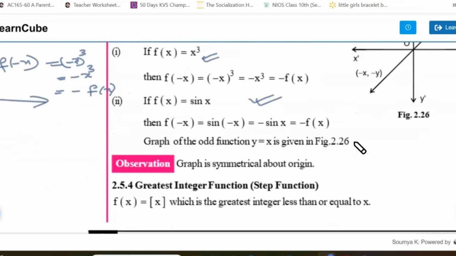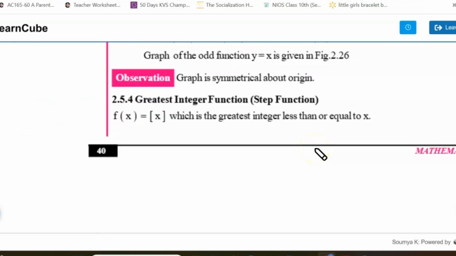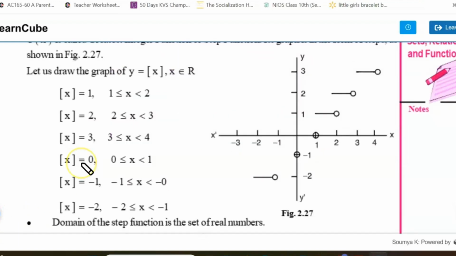Okay. Next type of function is greatest integer function, or step function, you can say. It looks like a staircase. When you draw the graph of that, it looks in this manner. And what it means is, it will have the greatest integer that is near to the given number.